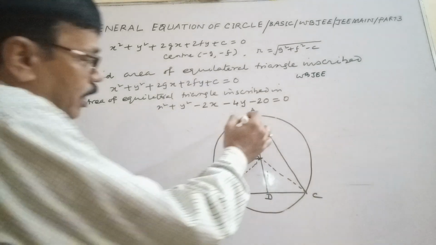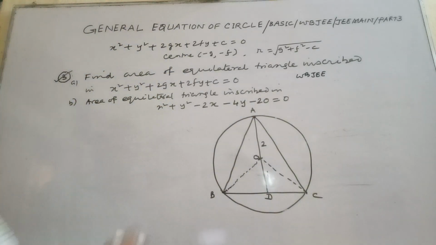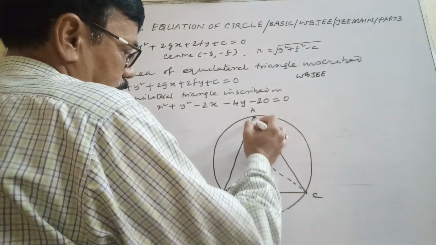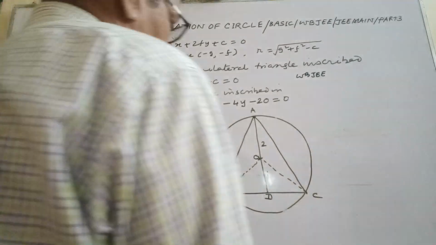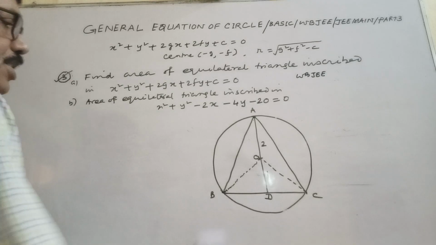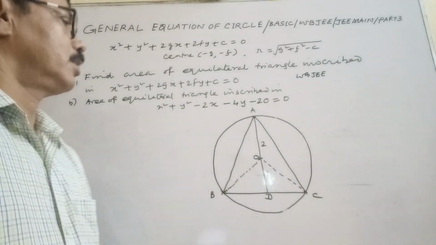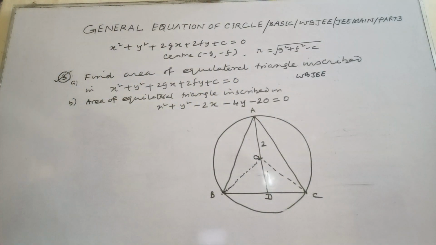Now an equilateral triangle is inscribed within a circle. So the equation of the circle is given. Now ABC is an equilateral triangle inscribed within the circle. We have to find the area of the equilateral triangle.